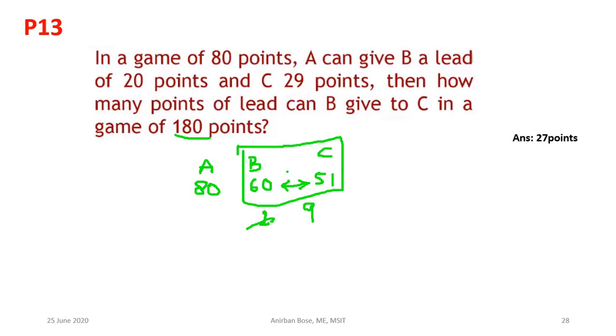So what is the total points of B? 180 points. So just simply multiply it by 3. So what will be the lead? 9 into 3, that is 27 points. So 27 points lead. In this way we can solve this problem.